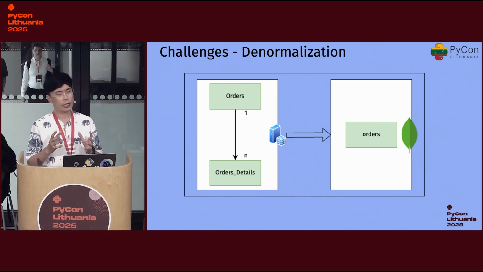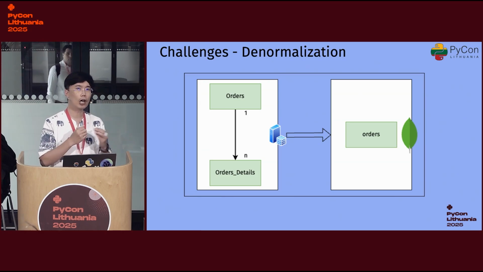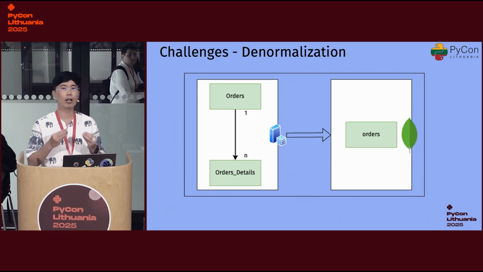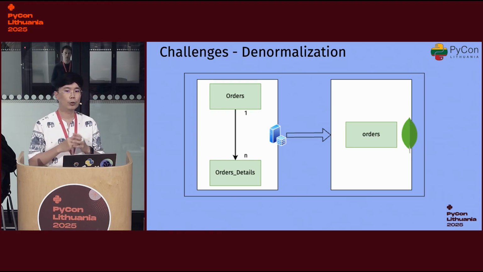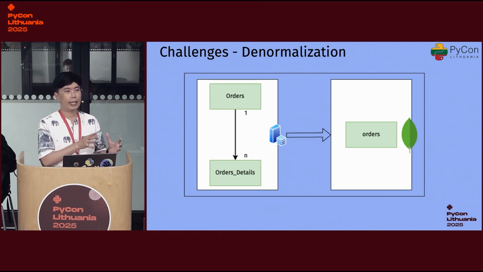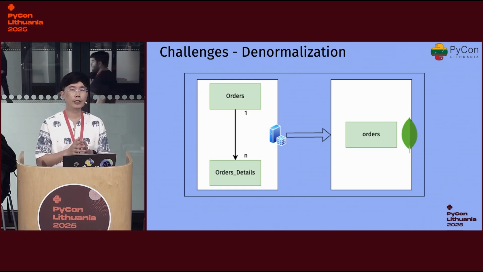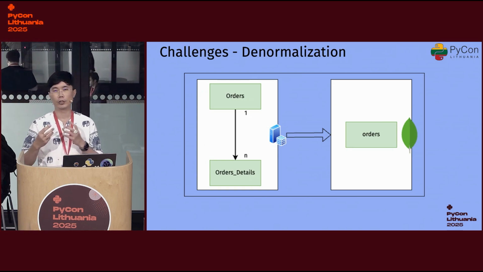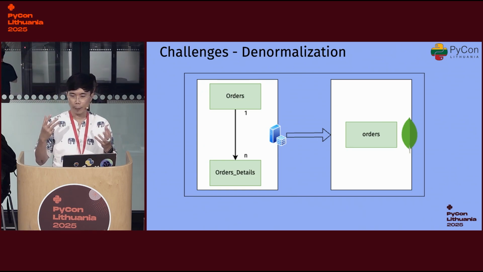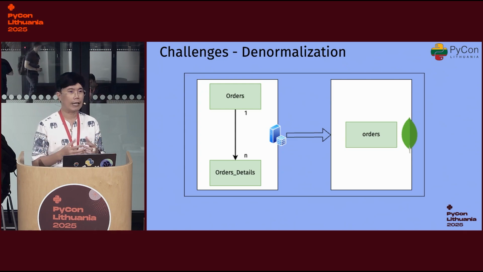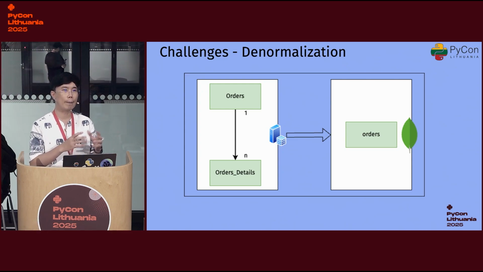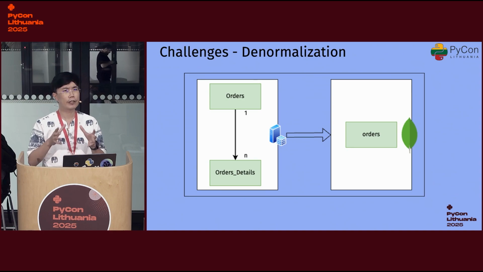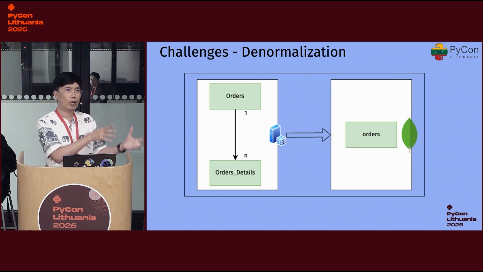Application usage means read heavy or read normal, write heavy or write normal. This is the main idea when you migrate a relational database into NoSQL. You need to think about which schema design to use. We have a lot of schema designs, but the popular ones are embedded and reference. Reference means relational.